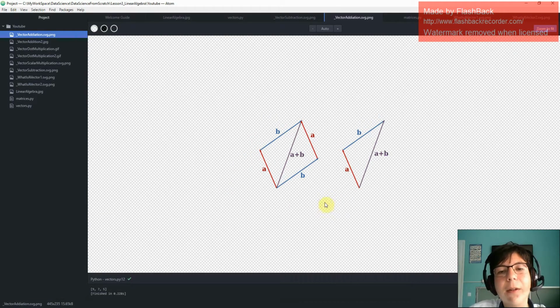So you can think about vector subtraction as that also. Just do the parallelogram rule, and instead of drawing the larger diagonal, just draw the shorter diagonal. So this one.